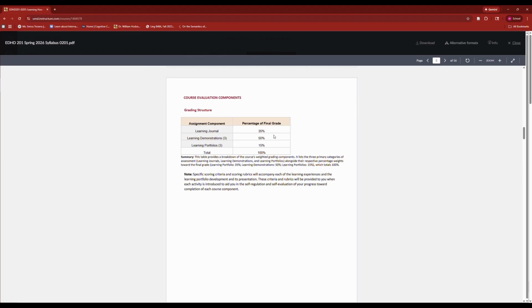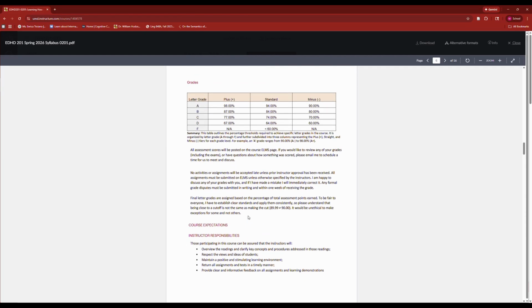And then your learning portfolios, which will be activity-based assignments. You will have 3 of them. They're supposed to serve as a sort of summary activity or assignment to help you prepare for the learning demonstration, and that will total to be 15%. That gives us a complete total of 100%. If you have any questions, please let me know, but this is the general structure for the grades.